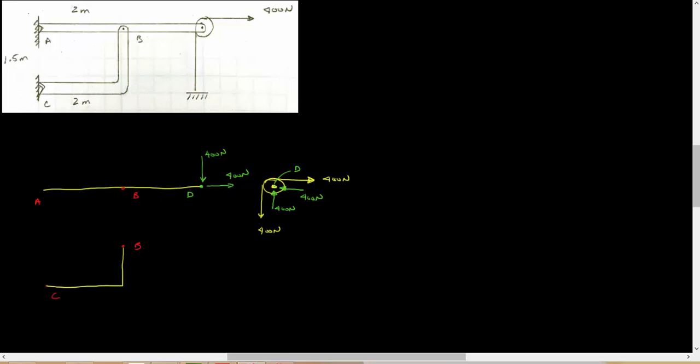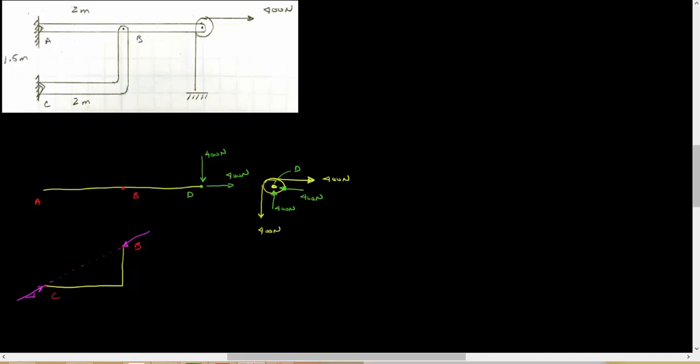At point B, what do I have? Well, if I look at CB, this is a two-force member. So I could come in and write my forces on this. And these are directly going into each other there.